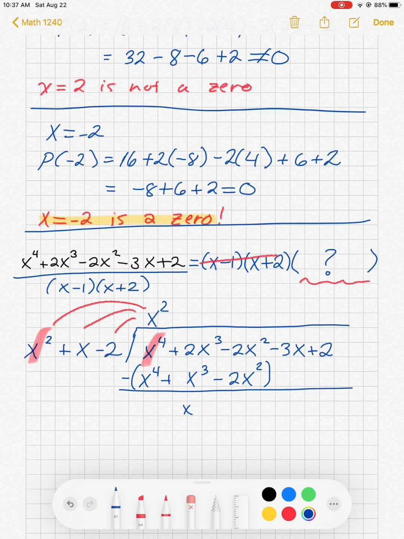Subtract, get x cubed, and then I guess I get a cancellation, 0. Bring the rest of this down. And then I repeat. x cubed divided by x squared. So that's going to be plus x.